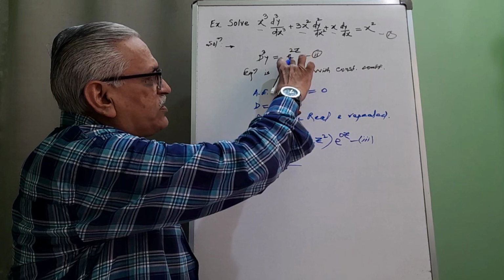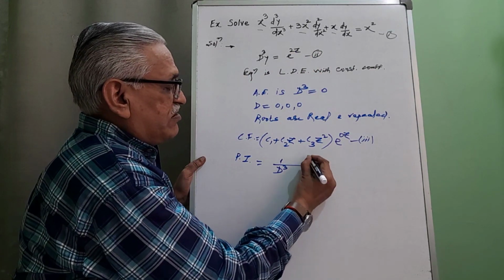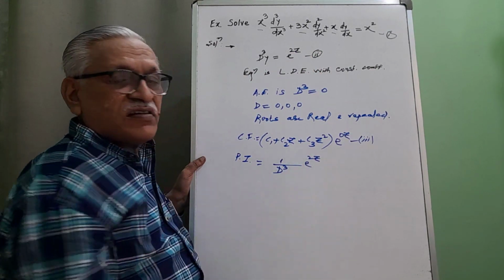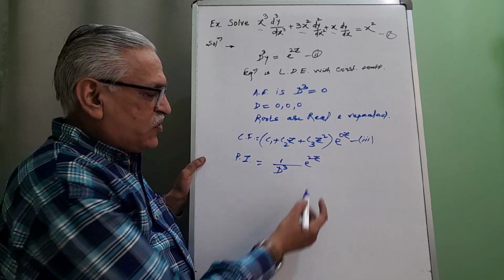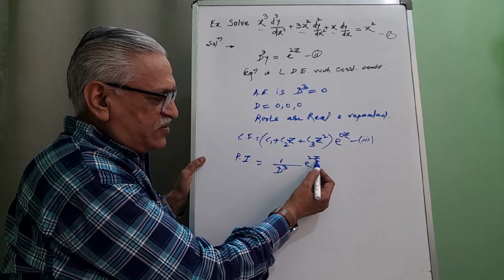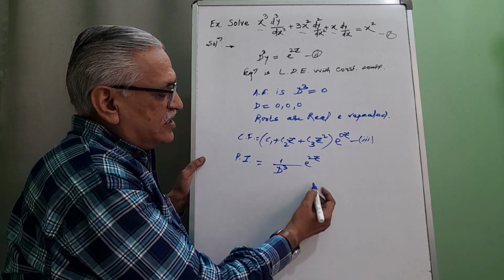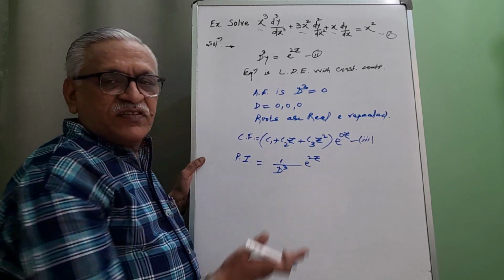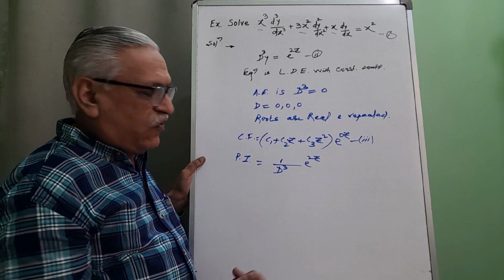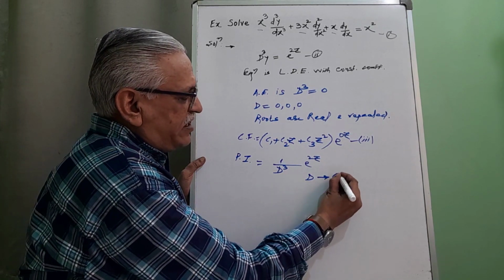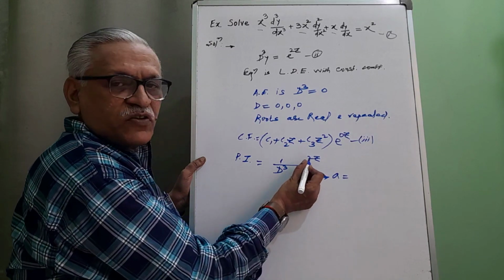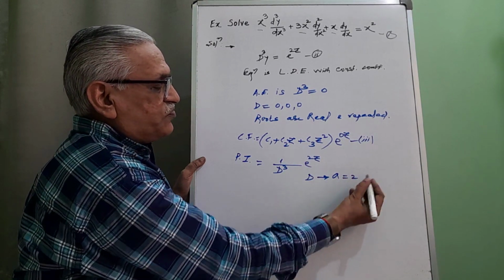For PI, it is 1 upon D cube, which we have to operate on e raised to 2z. If we observe this term, it is in the form of e raised to ax, here instead of x we have variable z. Therefore, this is the shortcut method, case 1. As per that case, we have to replace D by a. A is the coefficient of z here, it is 2.